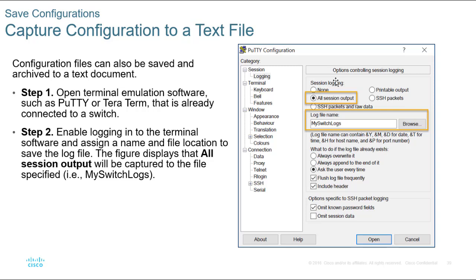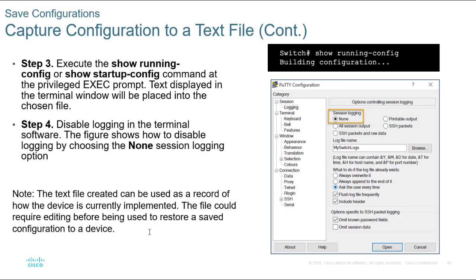When people do network configuration changes in production, it's a great way to capture all their steps. And this is really nice to have a record of actions done, or you could use that text file you created not just as a record of what was done, but if you wanted to make a new device that's exactly like the old device, you could take that file, change the parameters that you want to change as input, and then paste it into the new device without having to repeat a lot of the work.